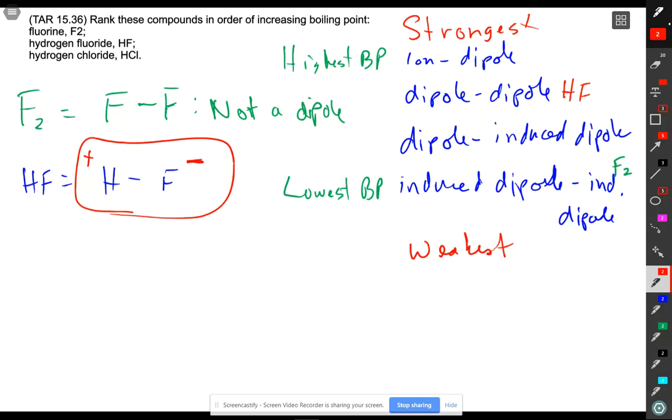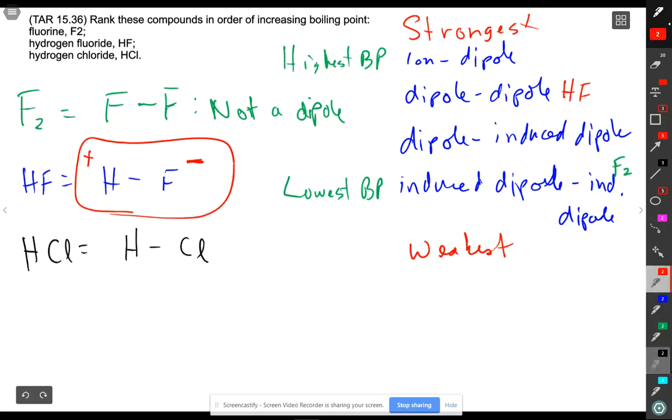And what about hydrogen chloride? What does hydrogen chloride look like? Which one's more electronegative? Chlorine or hydrogen? Chlorine, because chlorine is once again in that halogen column.